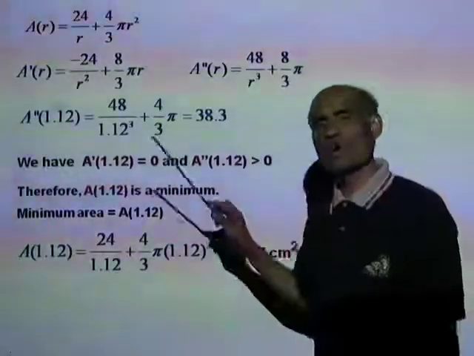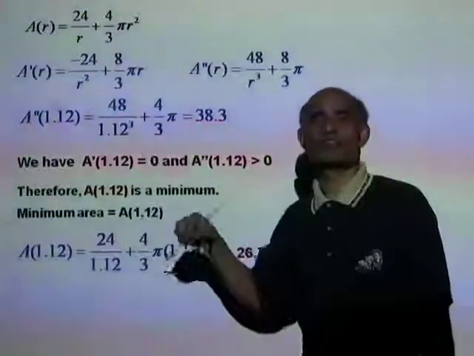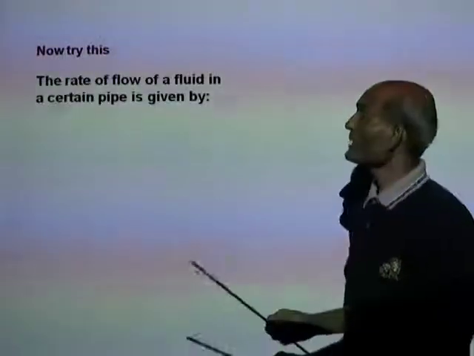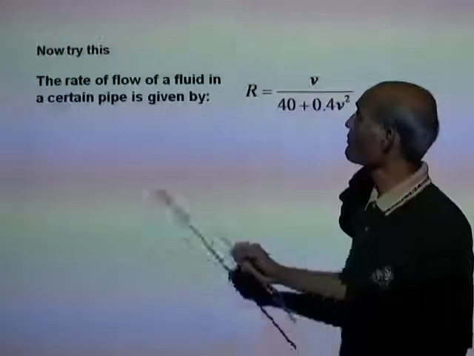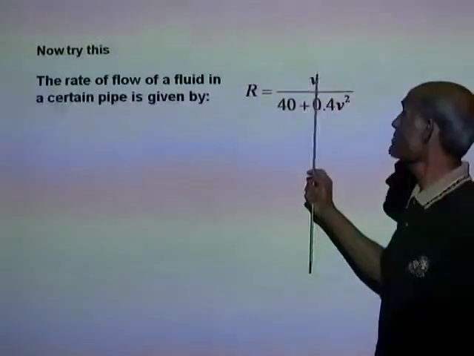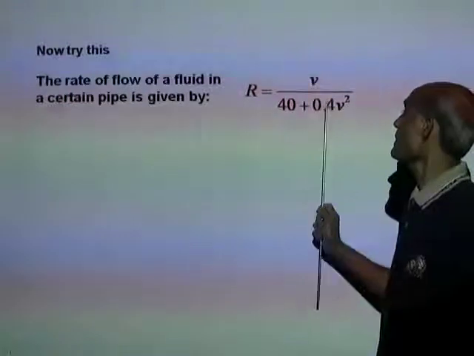Now these are good problems you need to practice on your own to make sure that you understand these concepts. Now try this on your own. The rate of flow of a fluid in a certain pipe is given by R equal to V over 40 plus 0.4 V squared.